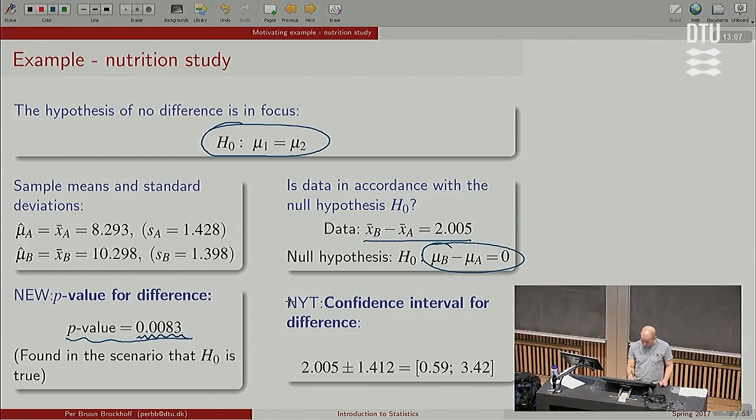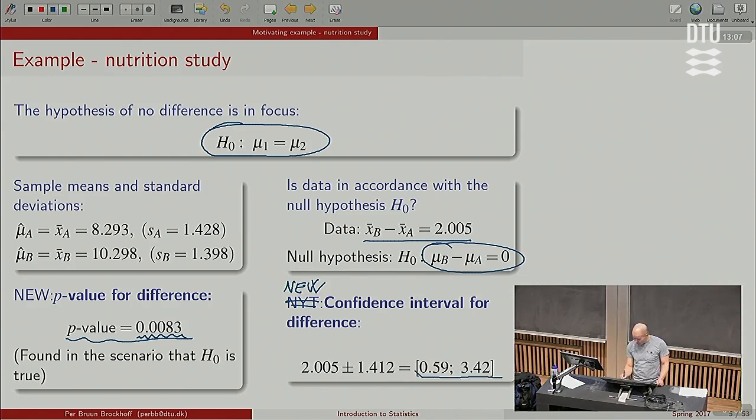And what you will also see, you learn a little Danish, nyt equals new, and so on and so forth. It's very easy, it's almost the same. We can also do a confidence interval for the difference between two means. And it looks like this. The formula will be there in 25 minutes.